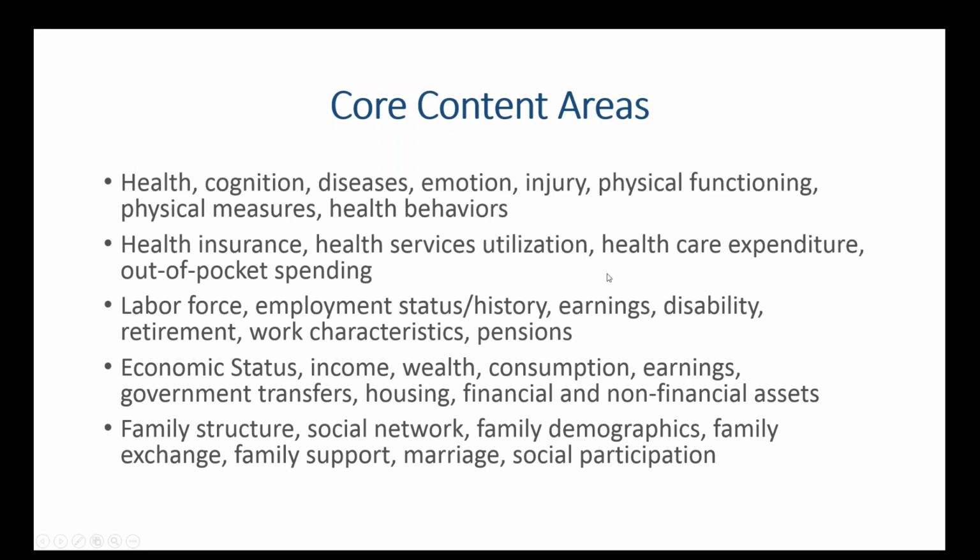Some of these core content areas include health, cognition, diseases, emotion, injury, physical functioning, that's ADLs and IADLs, and health behaviors. These also include some physical measures, like height and weight. We'll talk about those shortly.